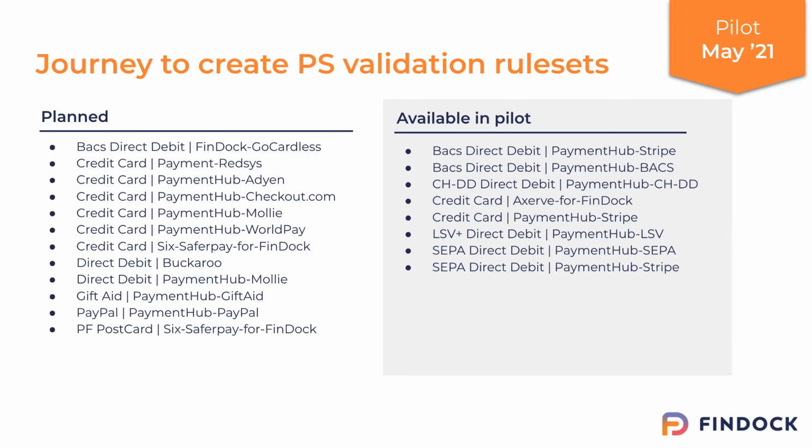The Swiss direct debits, both LSV and Swiss direct debit from PostFinance, and credit cards collected via either Xserve or Stripe. In the future, we hope to migrate the other rule sets as well. So if you have a use case that is time dependent on this, feel free to highlight that to us, so we are able to accommodate your timelines in our release planning.